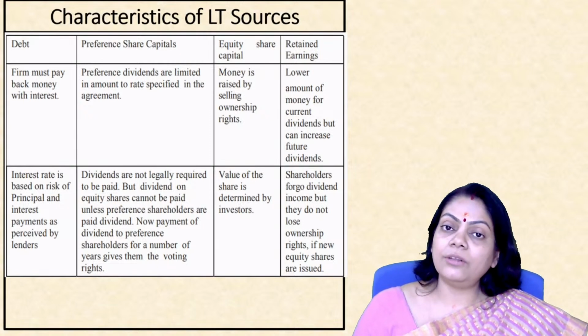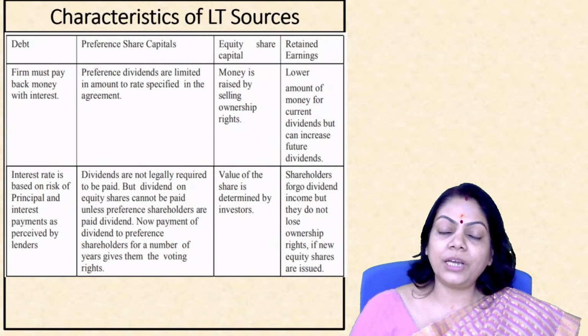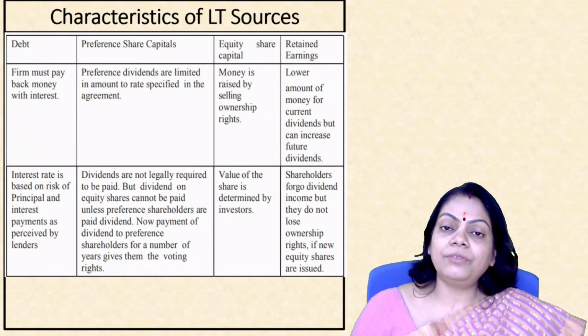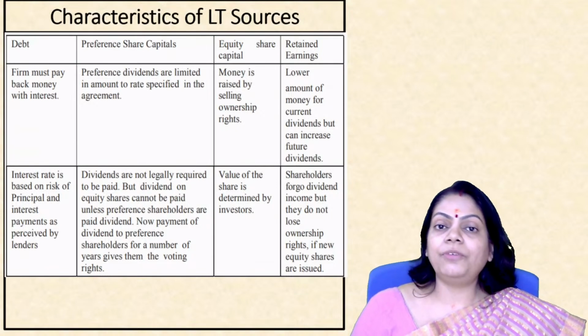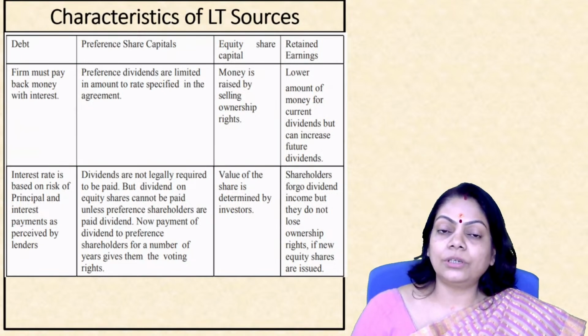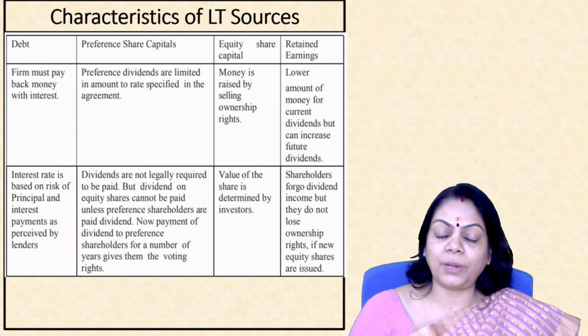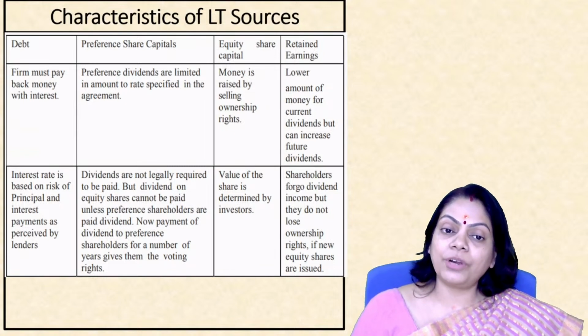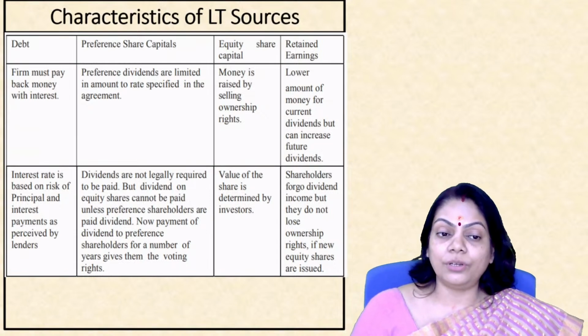The value of my share is determined by the investor. If every investor likes my share, the value will go up. If every investor evaluates my share as not of much value, the price will fall. And there is no concept of any contractual payment to the shareholders.